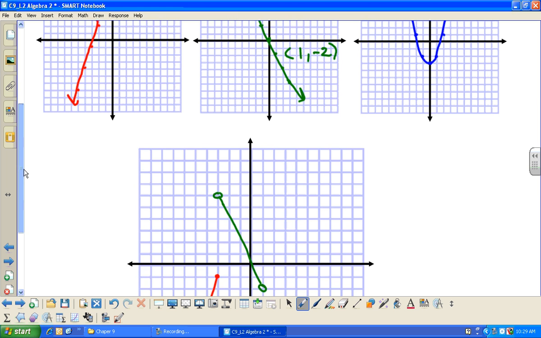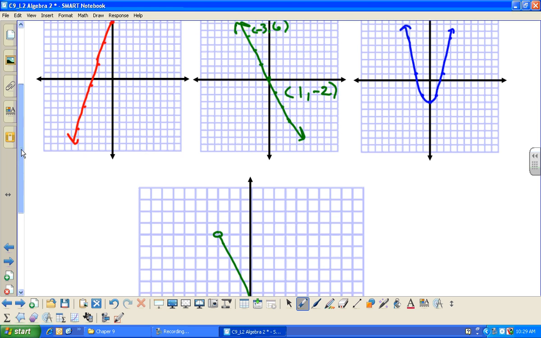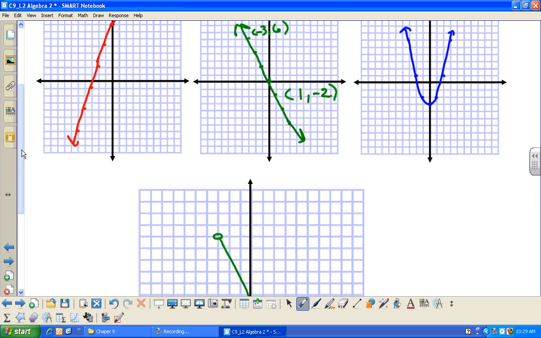For my blue graph, I'm looking at my point 1. My blue graph is included at x equal to 1, and it has a straight line up through the point (2, 1), and also through the point (3, 6).